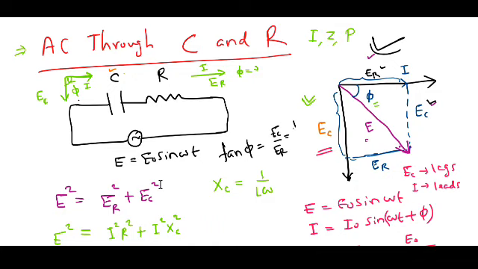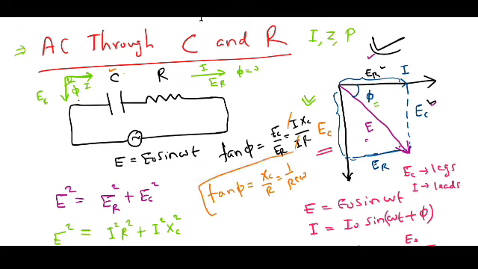This EC is nothing but I into Xc, and ER is I into R. This I and I cancel. Therefore, tan phi is equal to Xc by R, which is 1 by RC omega. This is the phase angle phi, that is phi is tan inverse of 1 by RC omega.